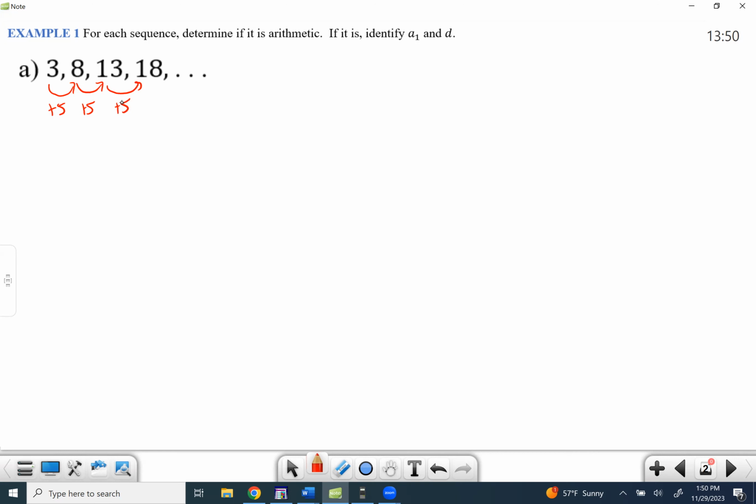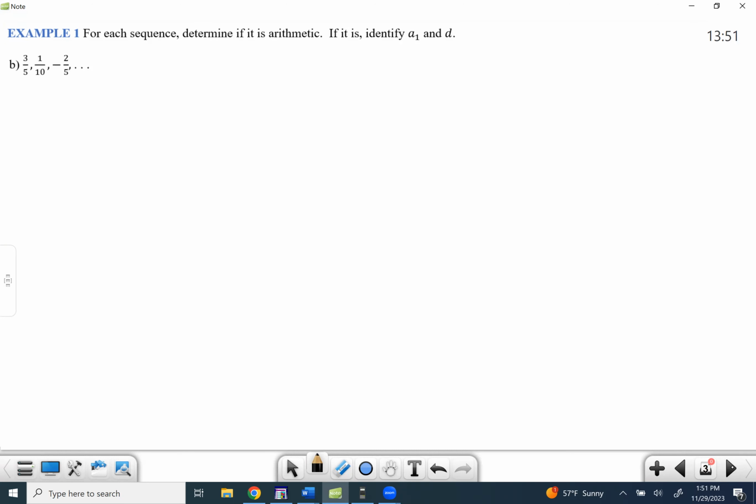So it is arithmetic, with a sub 1, the first term, being 3. That's our first term. And the common difference, the amount we're adding each time, is, whoa, not 3. I'm thinking of the last example, you guys. It's 5.